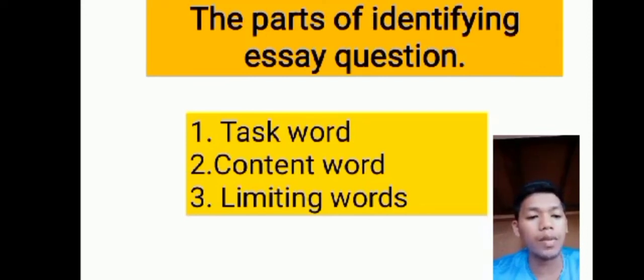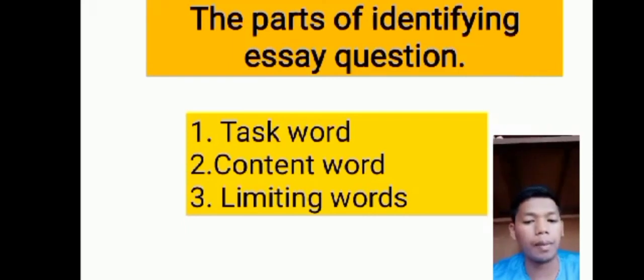Refer to the subject's specific dictionary or glossary. Limiting words. These words will help you limit the scope of your assignment so that you only discuss those aspects of the topic that have been asked for, which words limit the subject in some way.